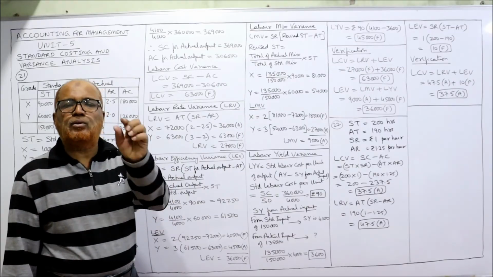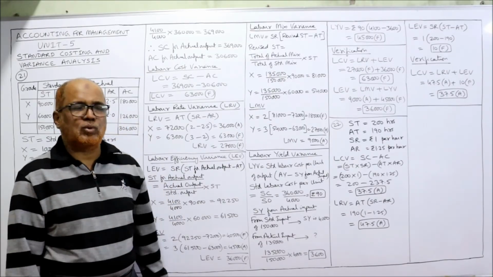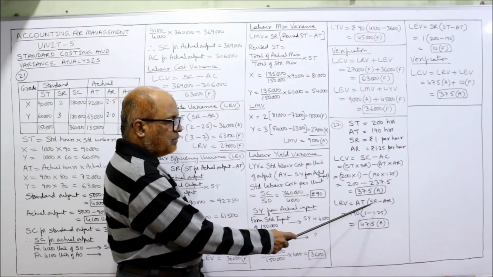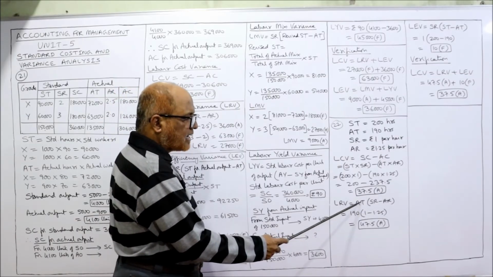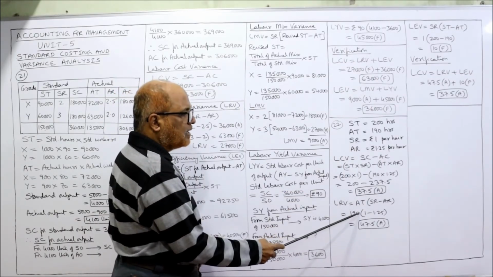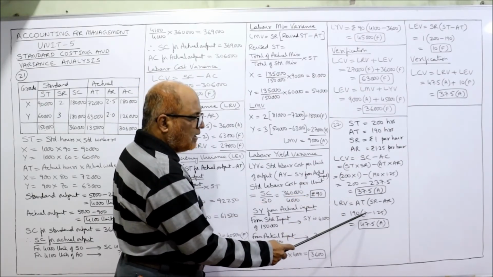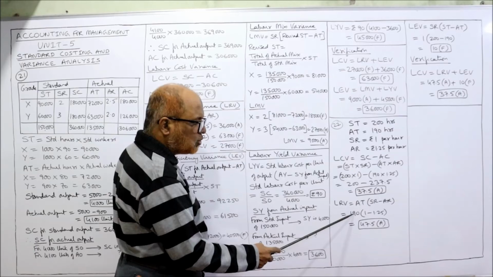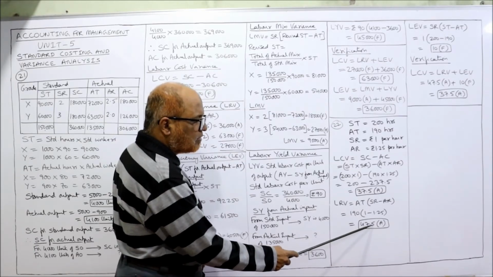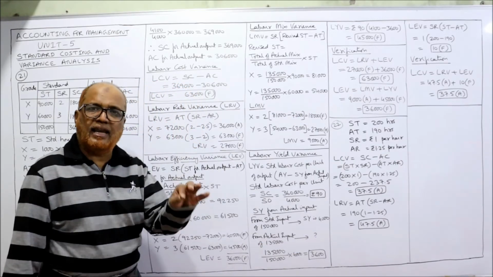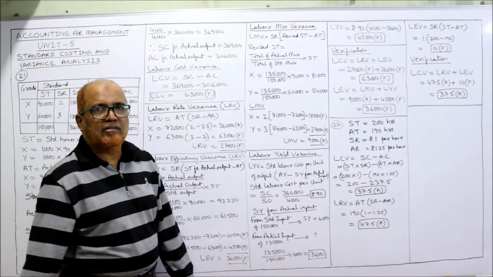LRV, labor rate variance, is actual time into standard rate minus actual rate. Actual time is 190. Standard rate 1, minus actual rate 1.25, into 190, you will get 47.5 adverse. Again negative, so adverse.